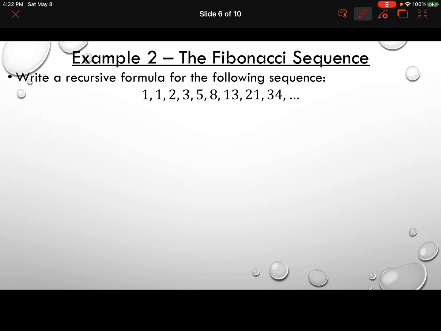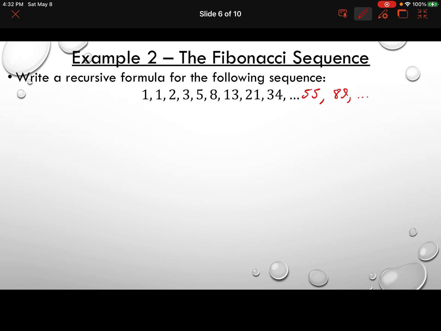Well, actually, let me quickly calculate the next number, and you might actually figure out what's going on. So the next number here is actually 55. And then the next number after that would be 89. Have you figured it out yet? No?